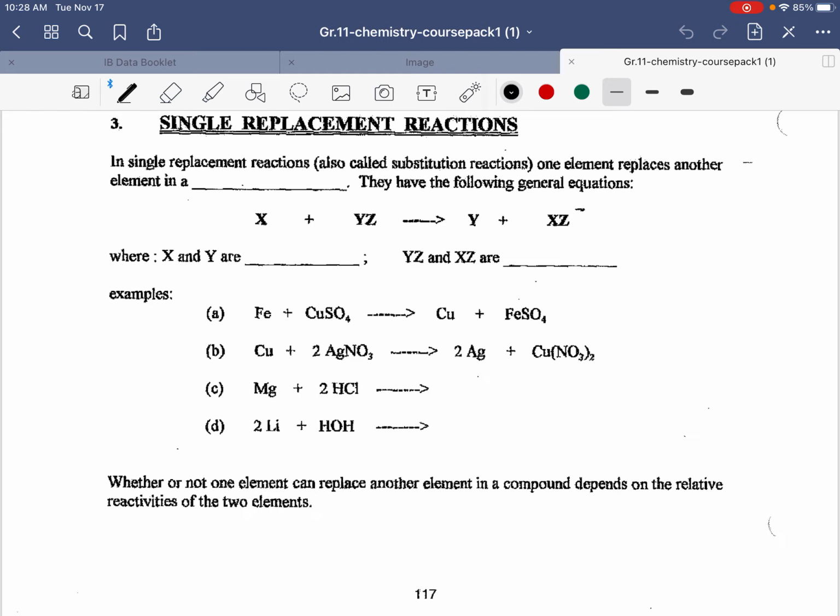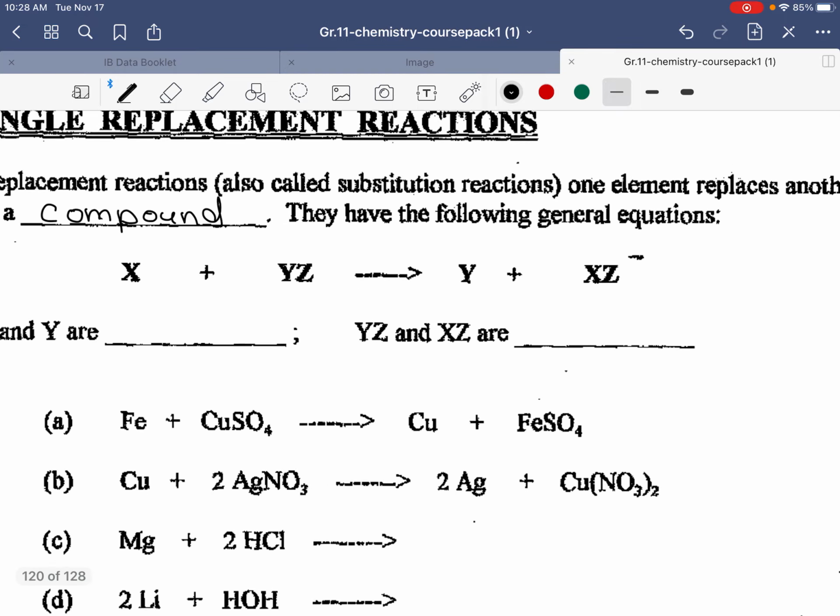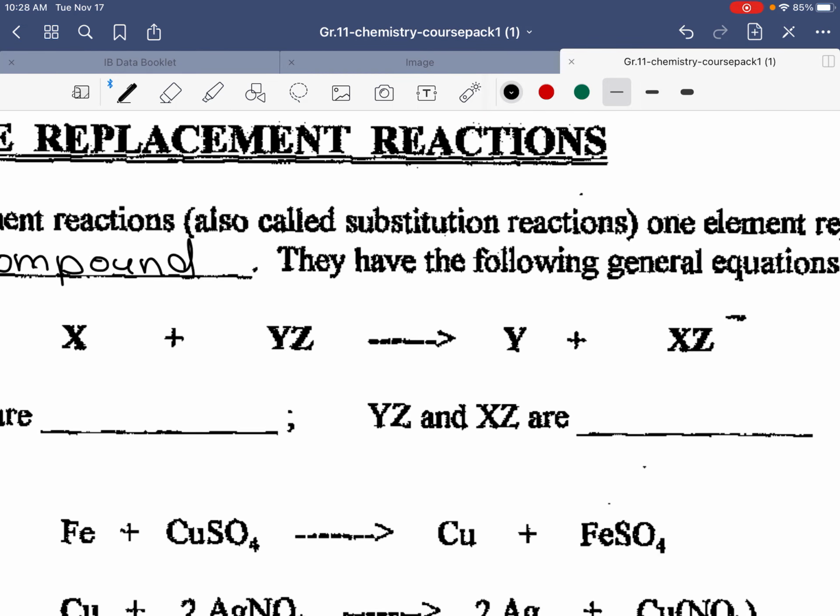So in a single displacement reaction, one element replaces another element in a compound. Definitely. Exactly what you're seeing right now at the bottom. This is the general reaction of what a single displacement reaction is all about, where you have some sort of element X displacing the compound of YZ.